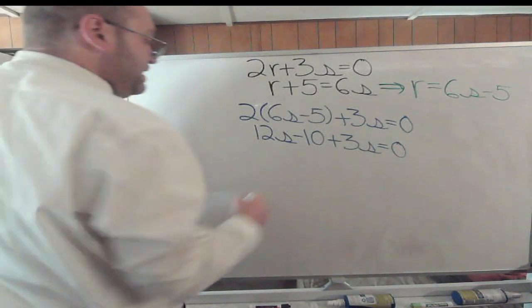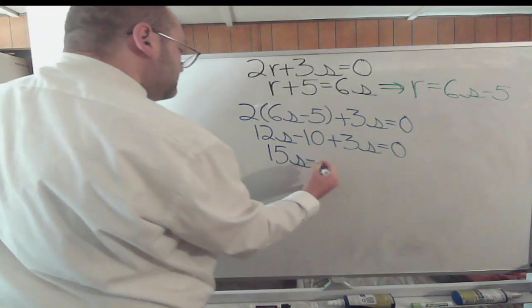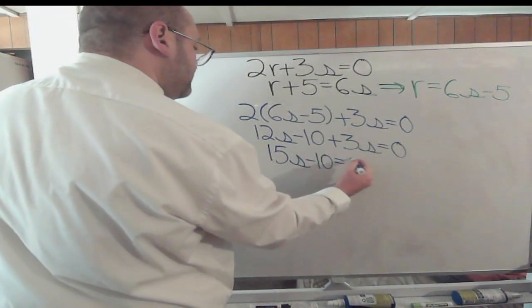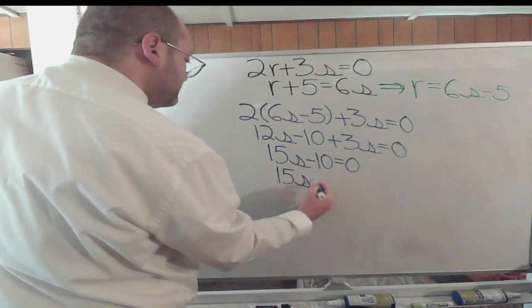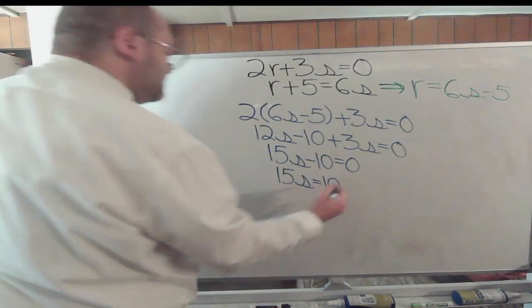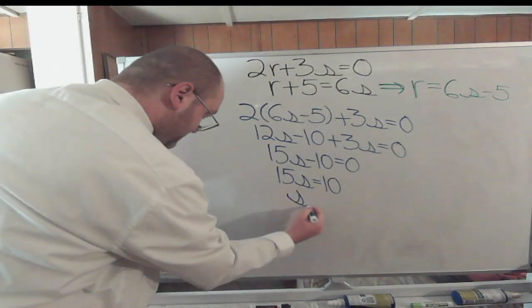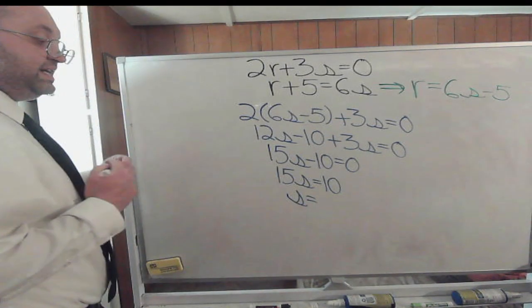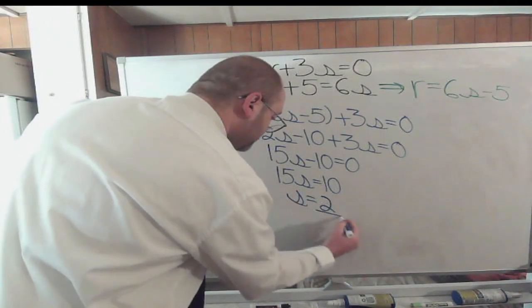So what you're going to end up getting is 15s minus 10 equals 0, which means 15s equals 10. Now if you divide both sides by 15, you'll get s equal to 10/15, which they both have a common factor of 5, which would give you 2/3.